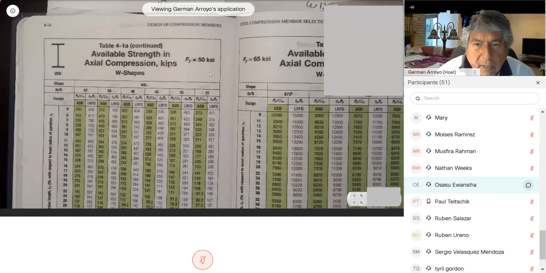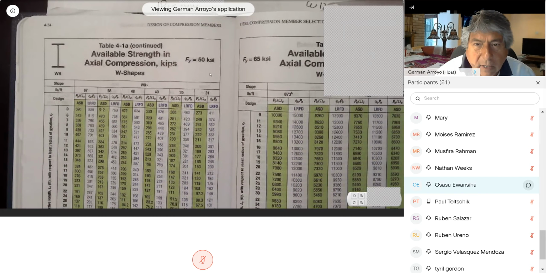But if you look at the code, we have, for instance, the section, I'm going to give you a W21. So if somebody asks you for the W21 that is not on this table, the only thing that you need to do is go to where the W21 are, close your eyes and select any section.